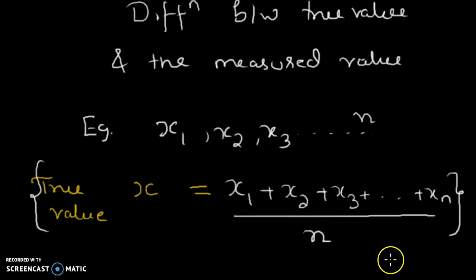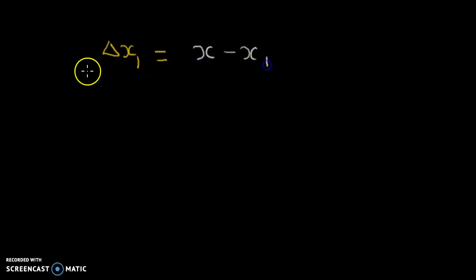Okay, so now let's come to the main thing. What is the absolute error? I told you the absolute error is the difference between the true value and the measured value. True value comes as the average, which I represented with x. So the absolute error delta x1 would be true value x minus measured value x1.